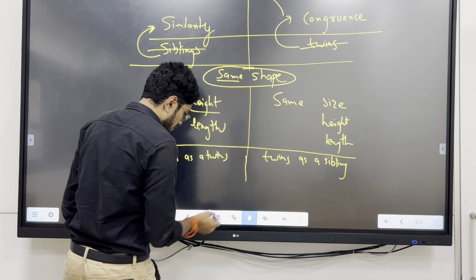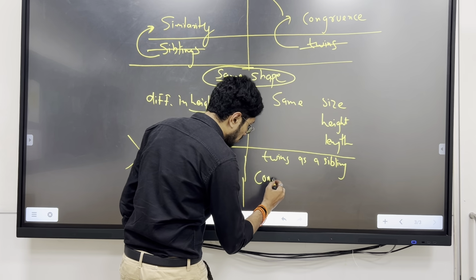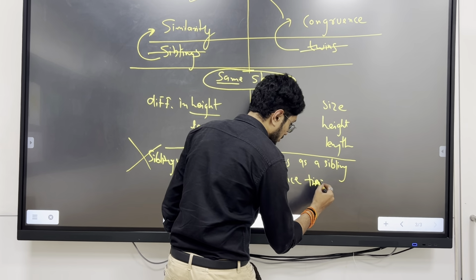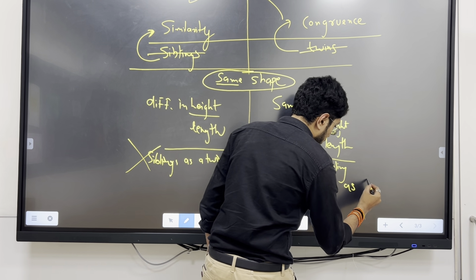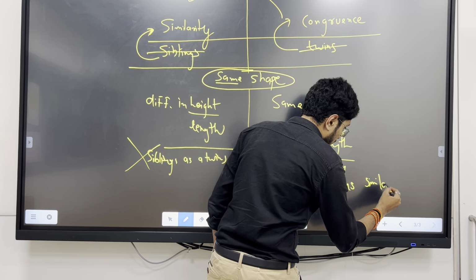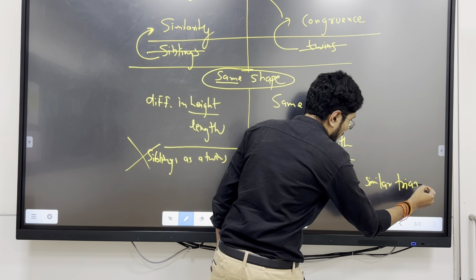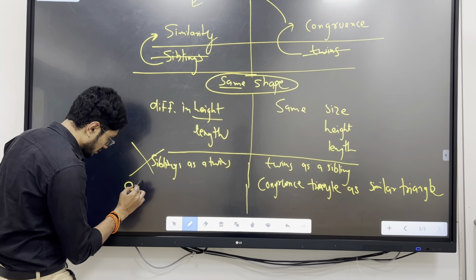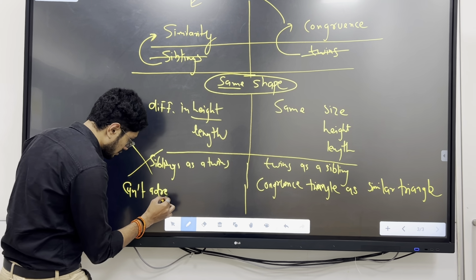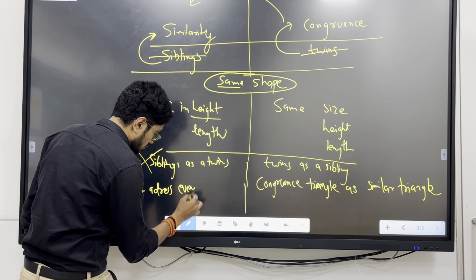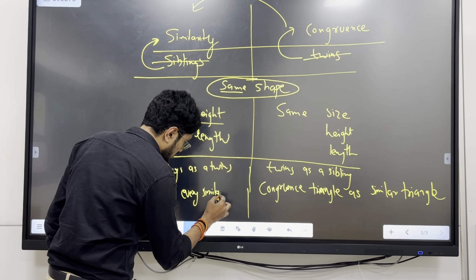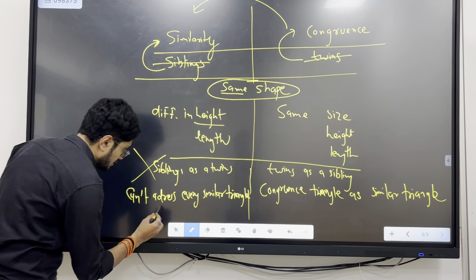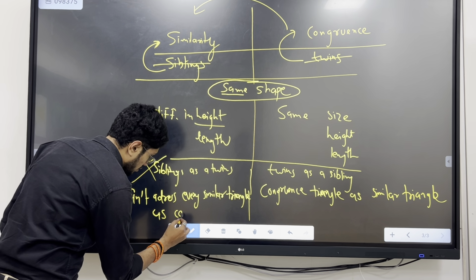Same for this: we can address every congruent triangle as similar, but we can't address every similar triangle as congruent.